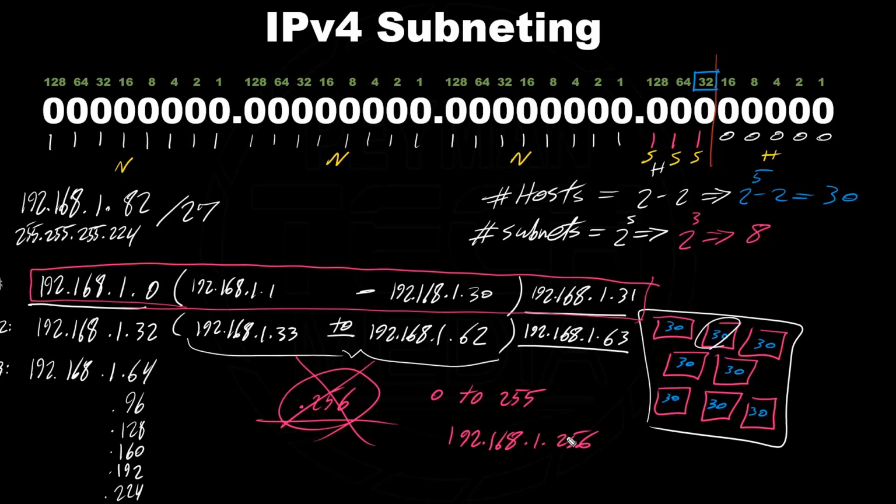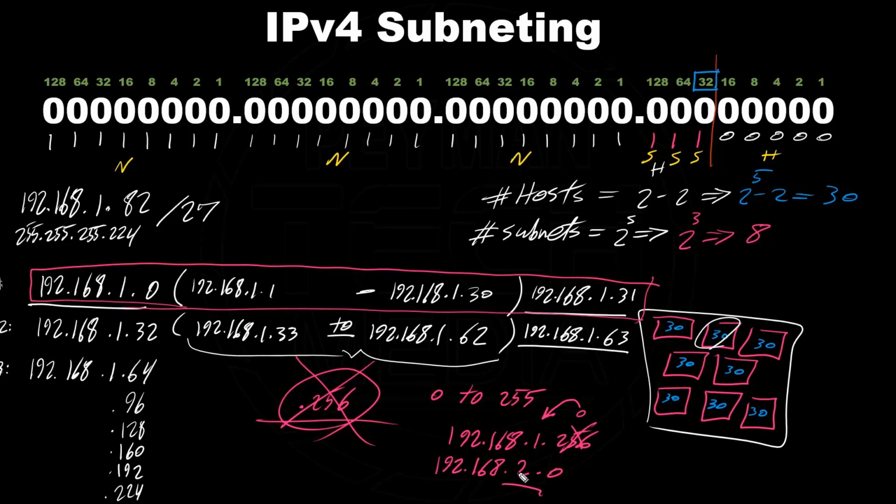And again, we don't have 256, so it will turn to 0 and add to the next octet to the left, which is 192.168.2.0. And here we are on the 1.0 network. So if we go to 2, we will be on a different network.